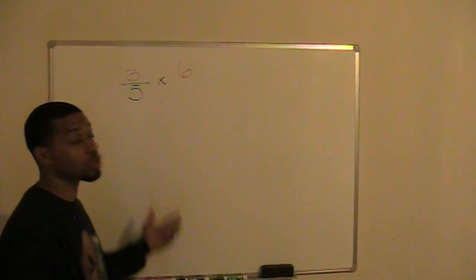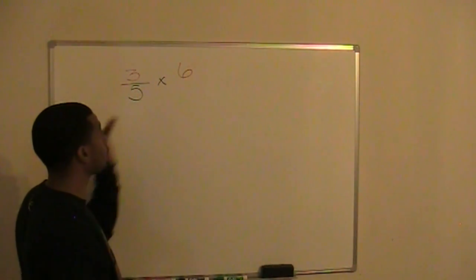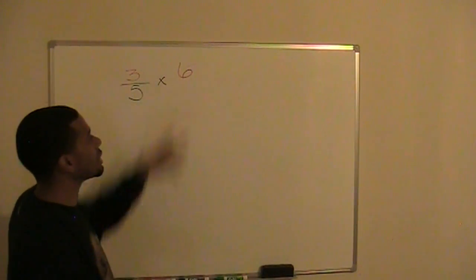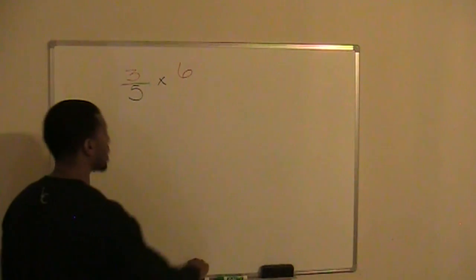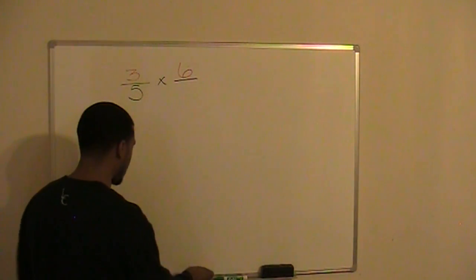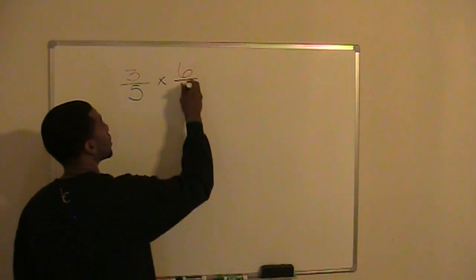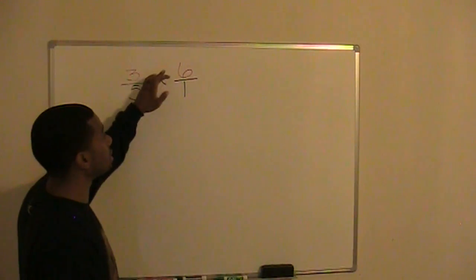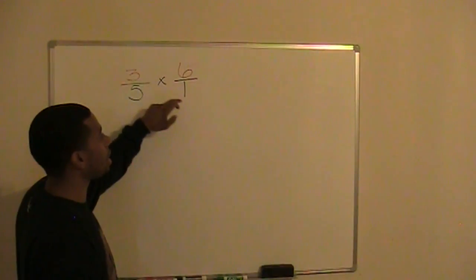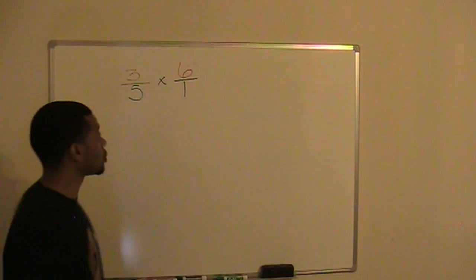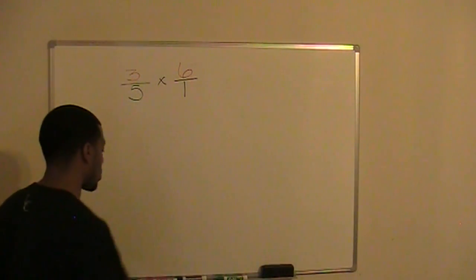The instructions for multiplying fractions were to simply multiply the numerators and then the denominators. With the whole number, you don't see a denominator, but under every whole number is a denominator, and that denominator is 1. Because if you recall, we said that this means 6 divided by 1, and 6 divided by 1 is simply 6. So now all we have to do is multiply across.